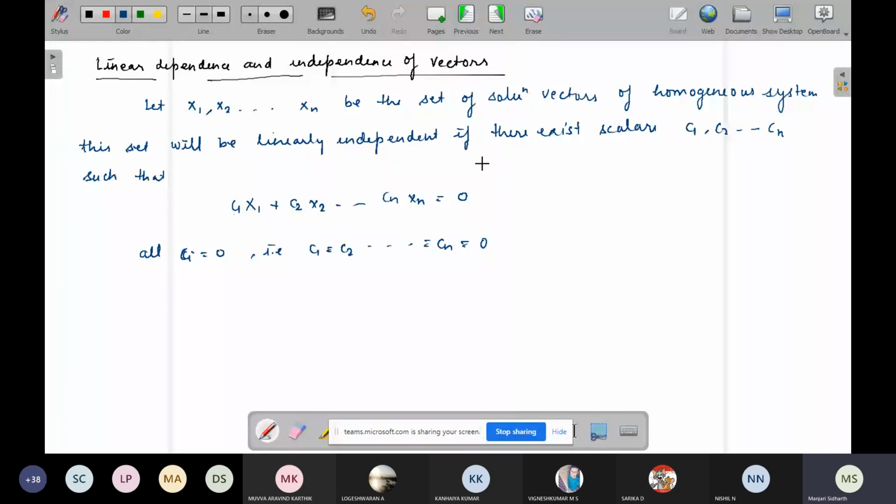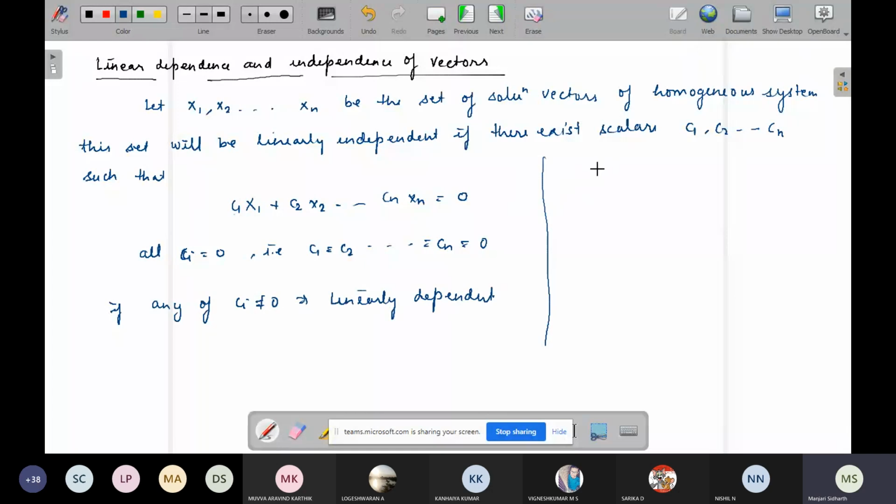That means linearly independent. Okay, and if any of ci is not equal to 0, that means linearly dependent.